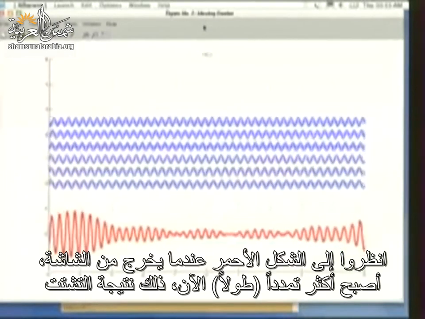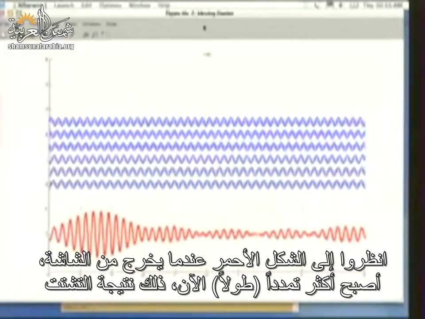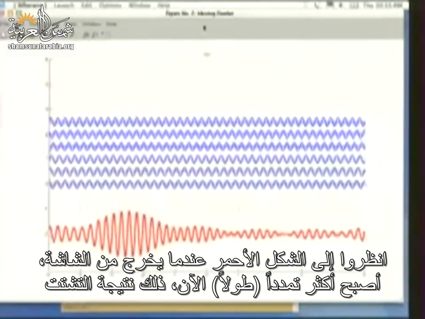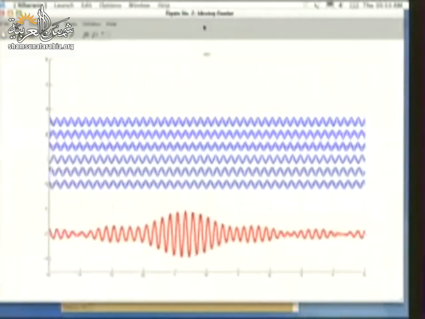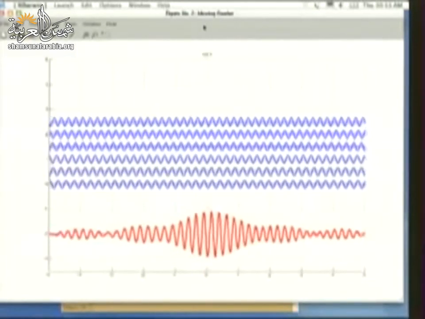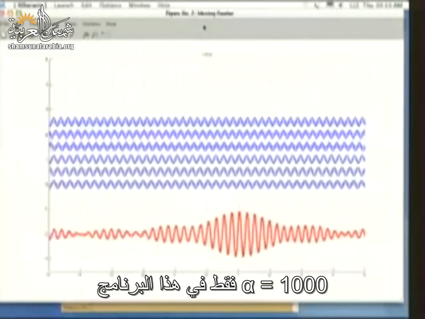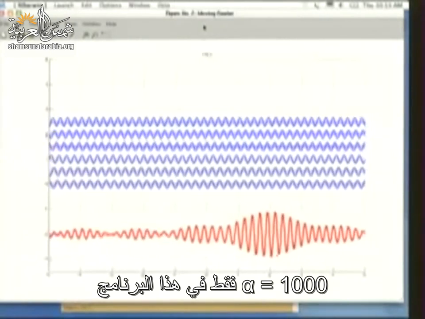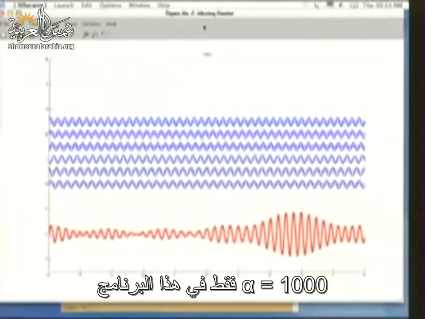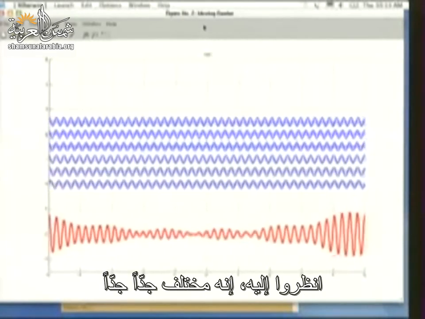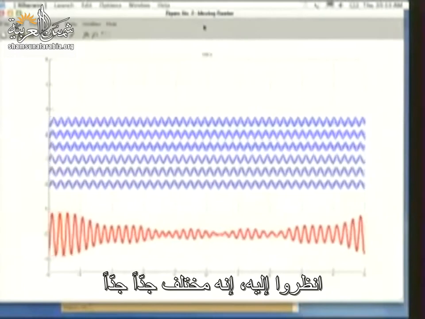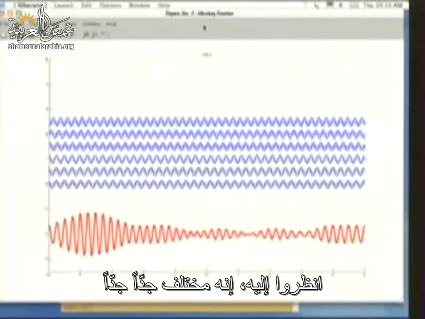Here, look, when this red one is coming out, it's way more drawn out now. That is the result of dispersion. Alpha, by the way, is only 1/1000th in this toy model. Hey, look at that. You see that? Very, very different.